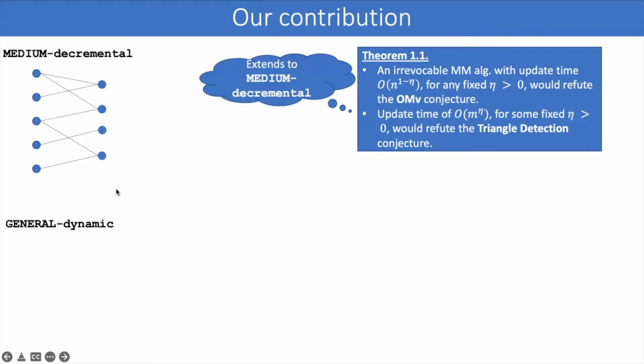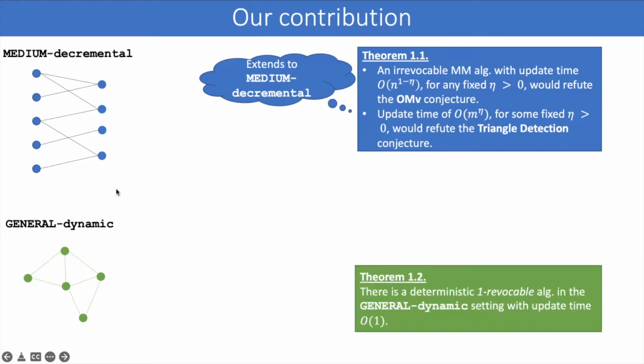We contrast this polynomial lower bound on the update time for irrevocable algorithms with a constant upper bound for one-revocable algorithms. In fact, our upper bound applies to a more general setting, which we call general dynamic, where we have general graphs and the vertices can both be inserted to and deleted from the graph.